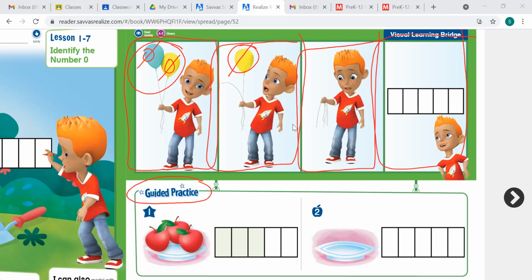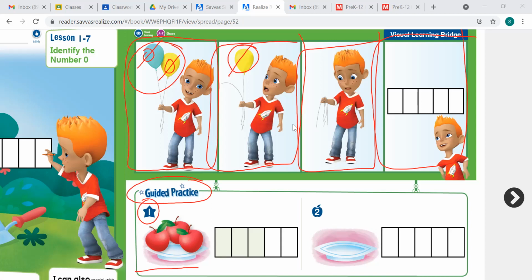Let's look here at our guided practice, and let's look at number 1. There are apples on a plate here. We are going to color a box as we count each apple to show how many apples there are.